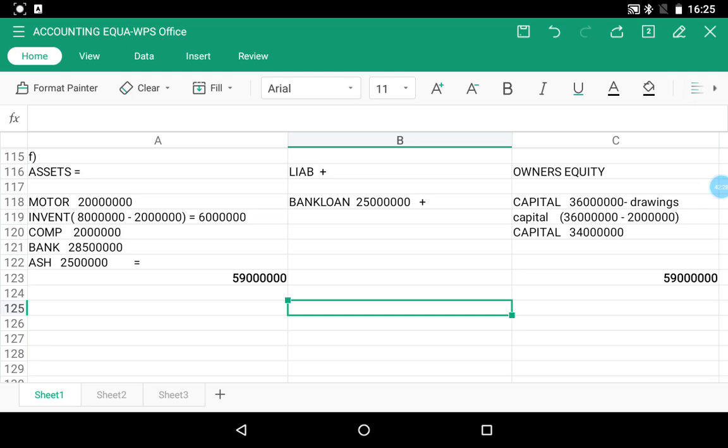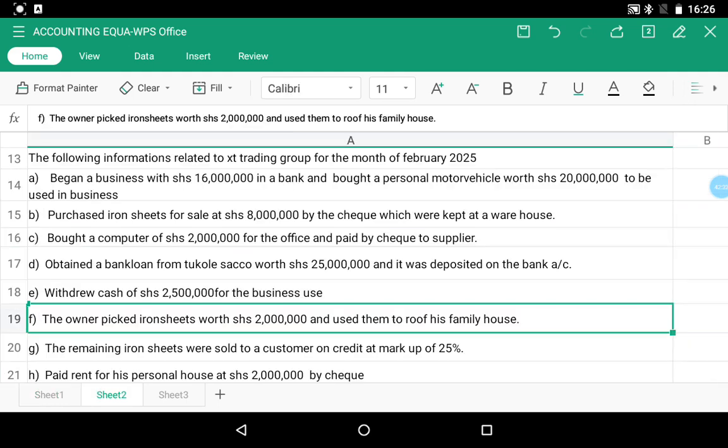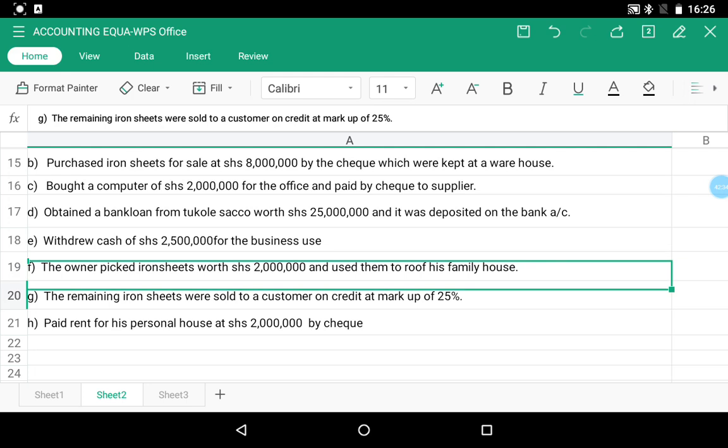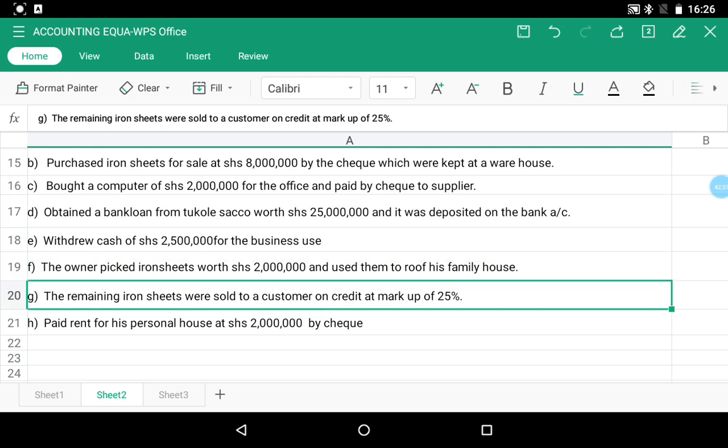Now let's go to another part. This one. Now they have said the remaining iron sheets were sold to a customer on credit at a markup of 25%. When they say markup, it's like a profit.